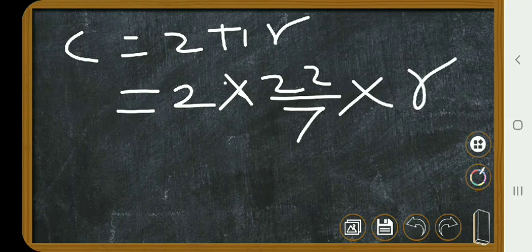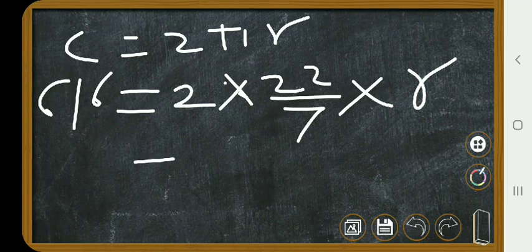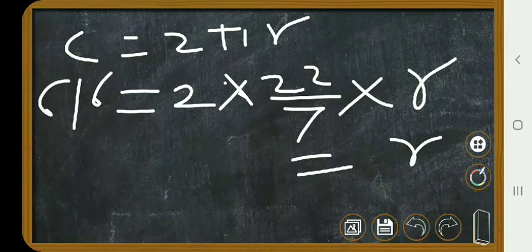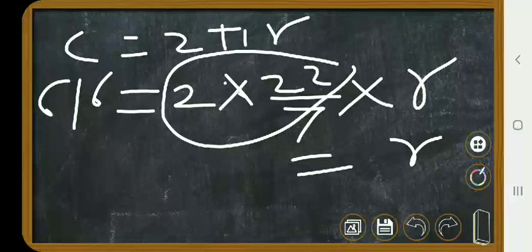Now we know circumference is given 616. What we'll do, we'll keep this r as it is here, and we'll take all these quantities to the left side of the equation.